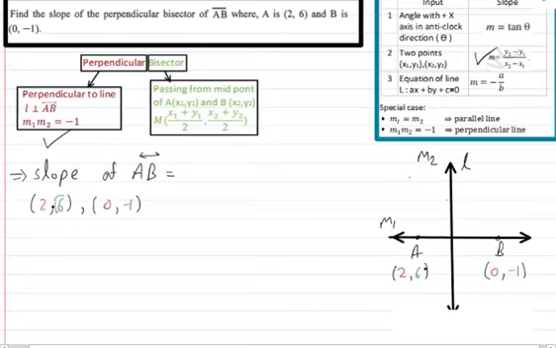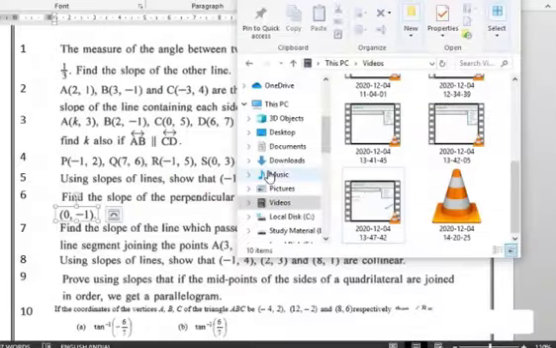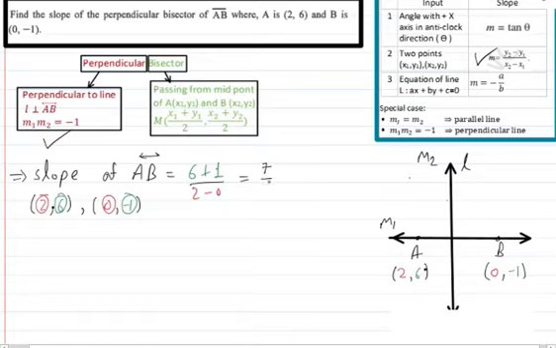So difference of y is 6 minus (-1), or we can say 6 plus 1, upon difference of x, which will be 2 minus 0, and it will give us 7 by 2, right? And as we decided earlier, let's call it slope m1.